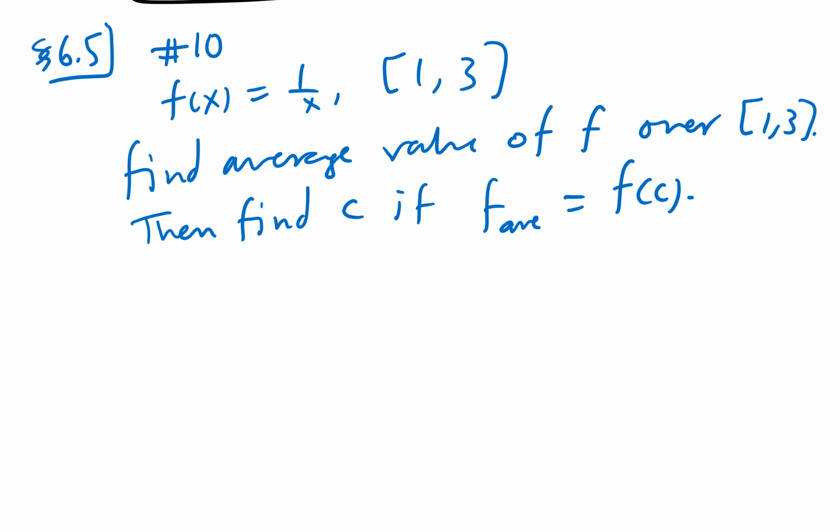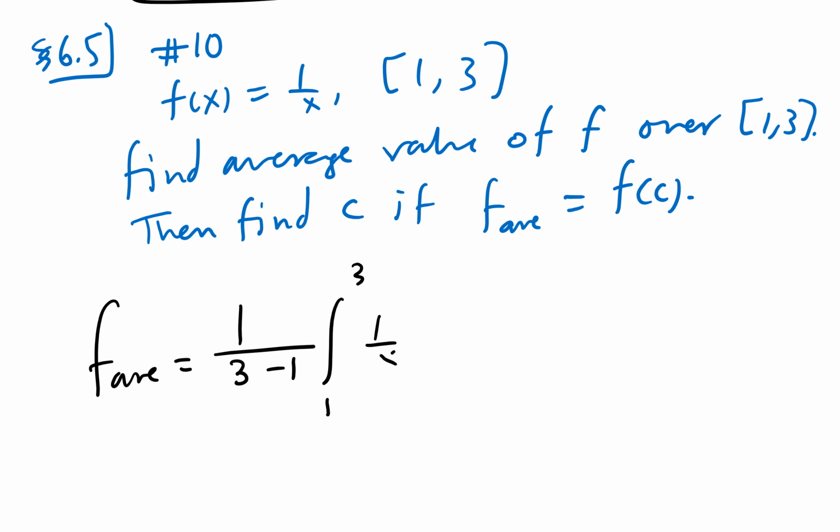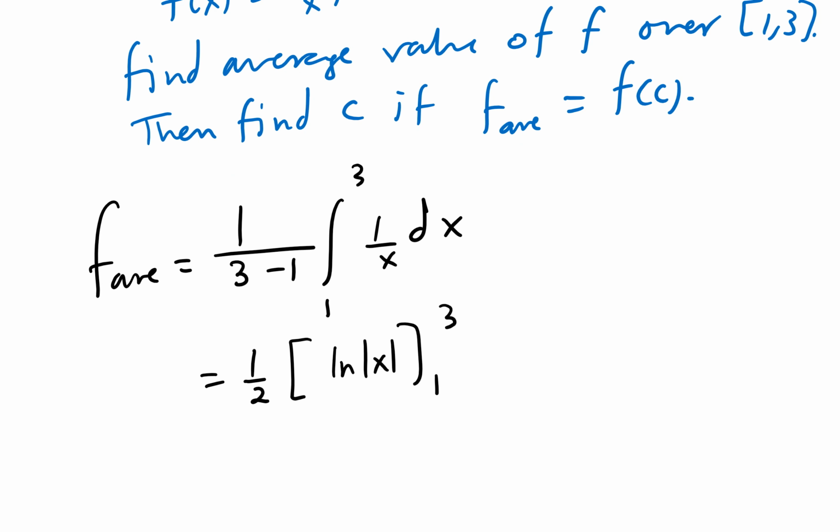To find the f average, we recall the formula: 1 over (b minus a), where a is 1 and b is 3, times the integral from a to b of the function itself, dx. So that becomes 1/2. The integral of this is straightforward, natural log of x from 1 to 3. 1/2 times (natural log of 3 minus natural log of 1).